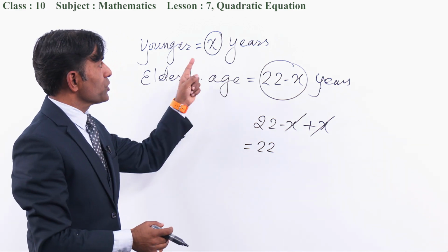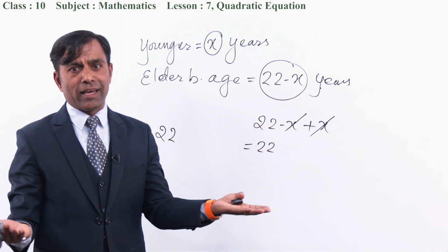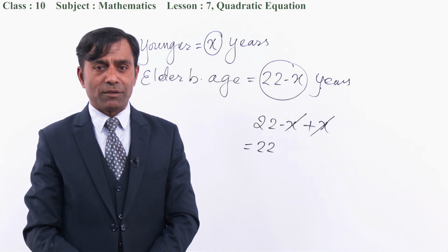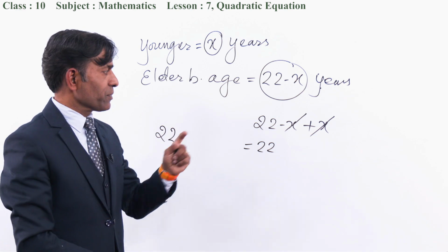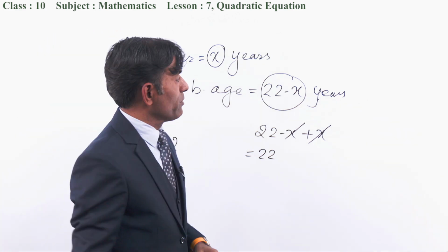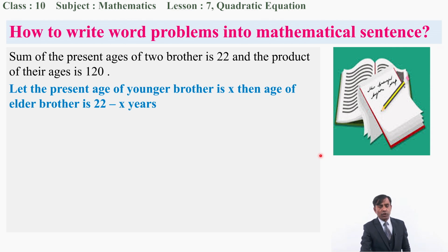So we suppose the younger brother is X, then certainly the elder brother's age is 22 minus X. So we take X and 22 minus X.